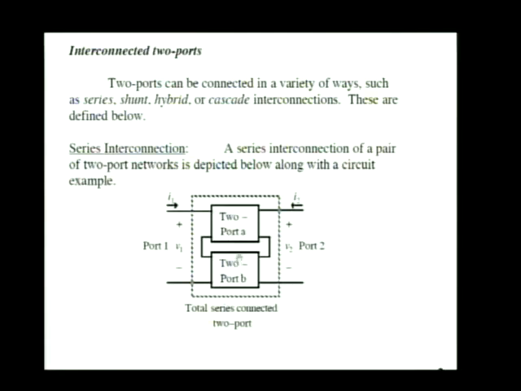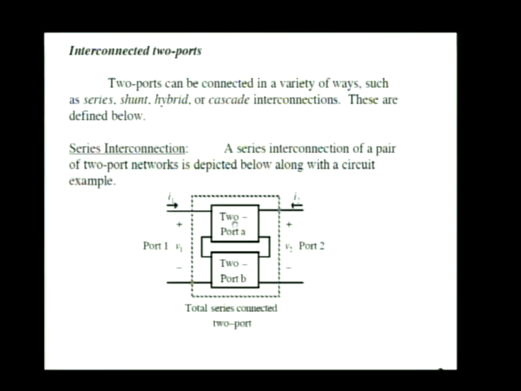The first interconnection that I'm going to look at between our two-port networks is the so-called series interconnection of a pair of two ports. This is the connection between the pair of two ports that is defined as a series interconnection.